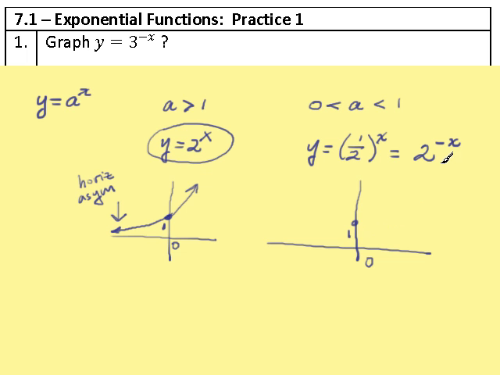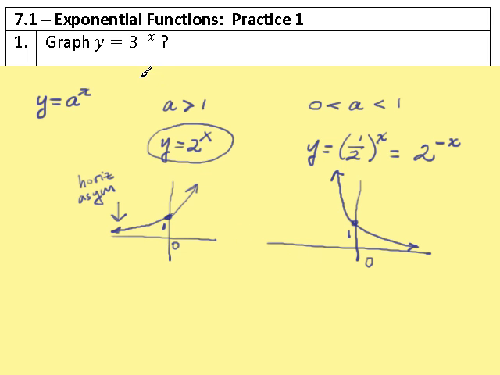And here, just think of replacing x with things like 1, 2, 3, 4. 1 over 2 to the minus 4 is 1 over 2 to the 4, so that's 1 over 16, and that's going to go down here. And if x is negative, then minus x is positive, and we're going to start getting larger and larger numbers.